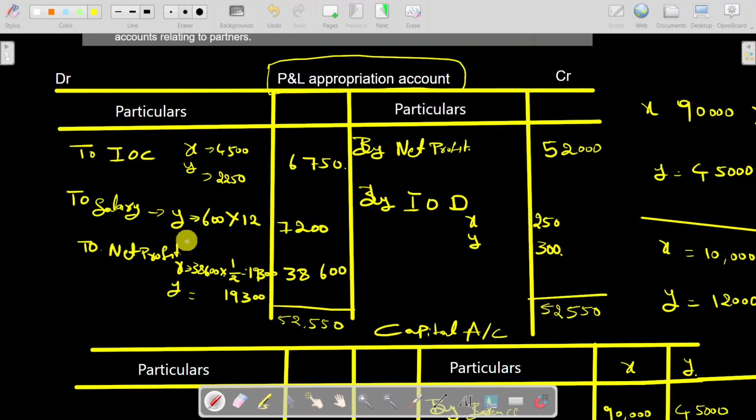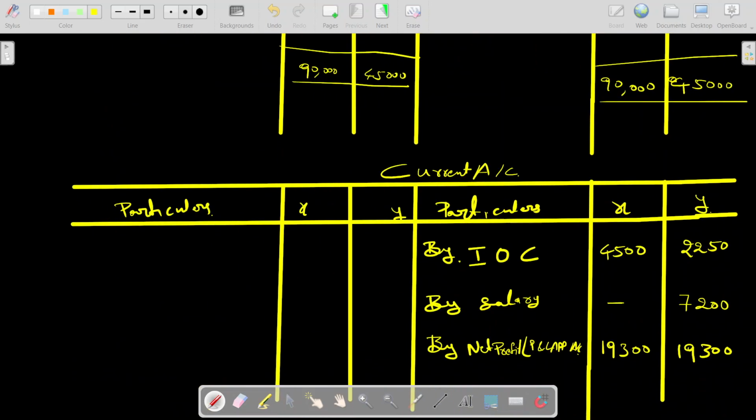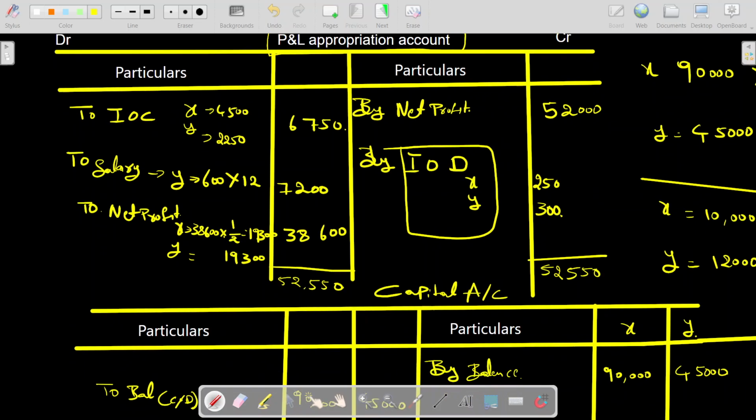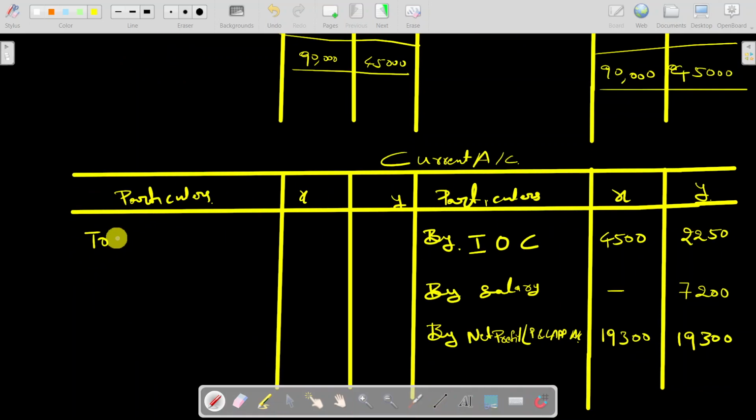And what are they paying to the firm? They are paying interest on drawings. This item came in the credit side, so we have to write this in the debit side of the partner's account. So interest on drawings, and don't forget to write drawings here. Drawings do not come in the profit and loss appropriation account, but they will come in the current accounts or capital accounts.